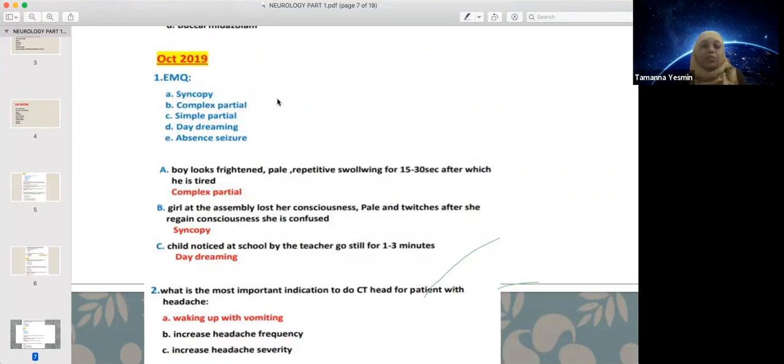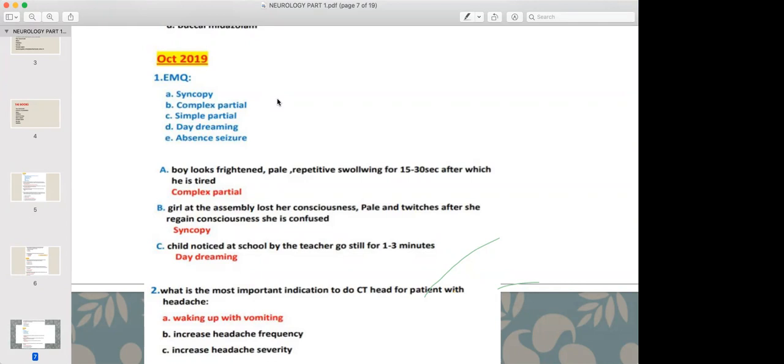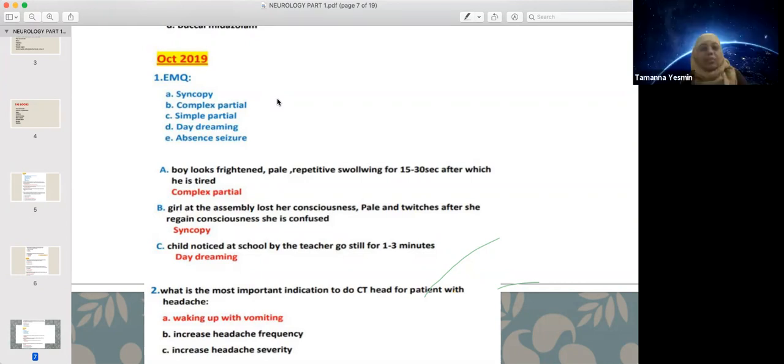Another difference is post-ictal drowsiness, post-ictal tiredness, present in complex partial seizure. But in simple partial seizure, usually there is no aura and no post-ictal drowsiness. Clear? In both cases, the child may be very pale with repetitive swallowing. This repetitive swallowing movement is actually seizure. We have to remember, okay?